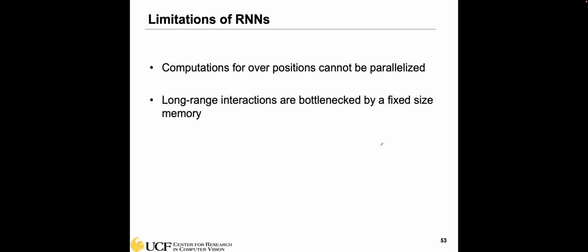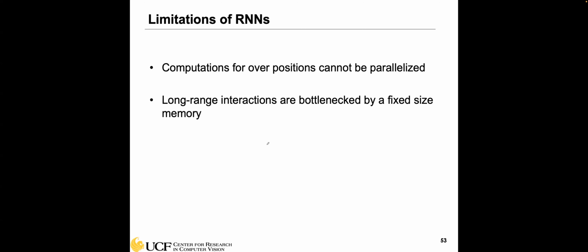There are some limitations of recurrent neural networks. The computation for each position cannot be parallelized, because for each position you have to wait for the previous memory. Your input also relies on the previous cell of the memory, so it's not very good for parallelization.